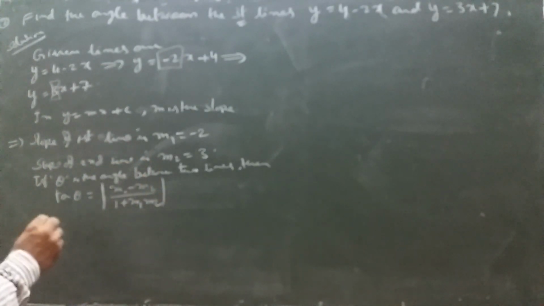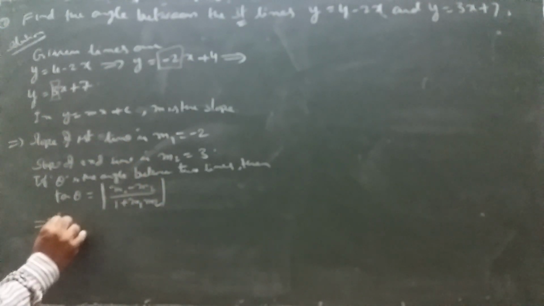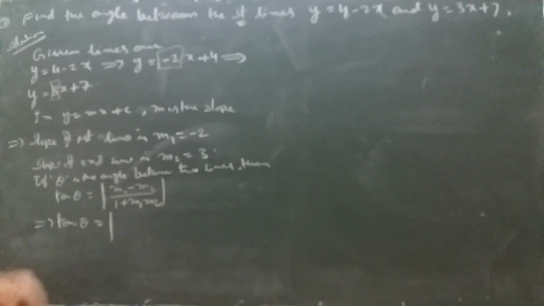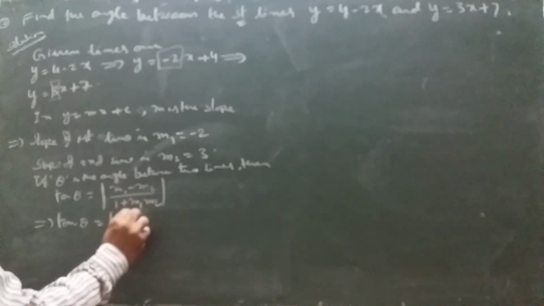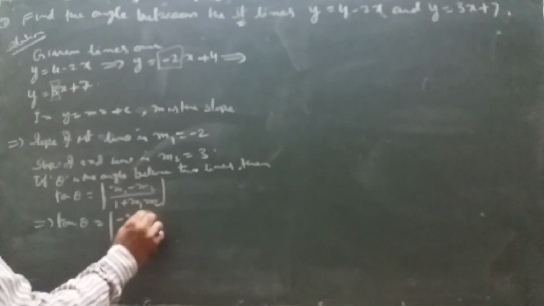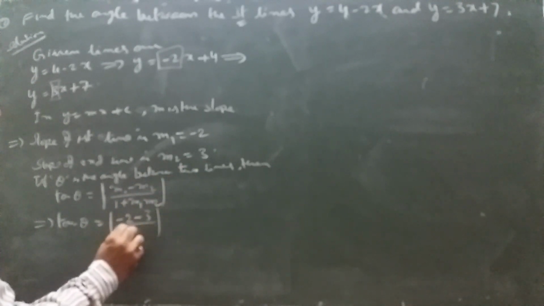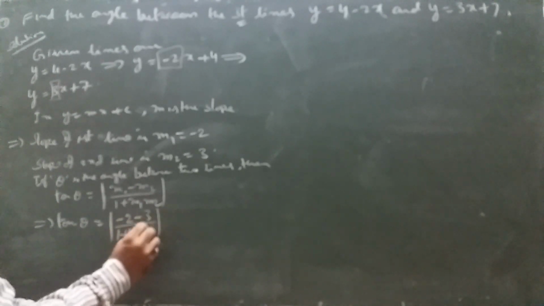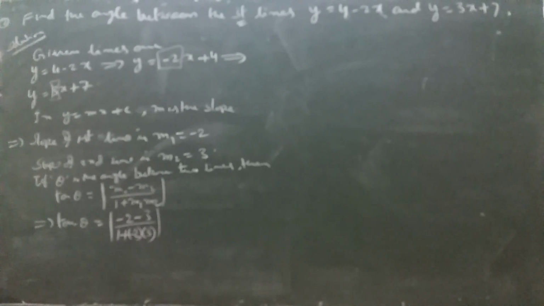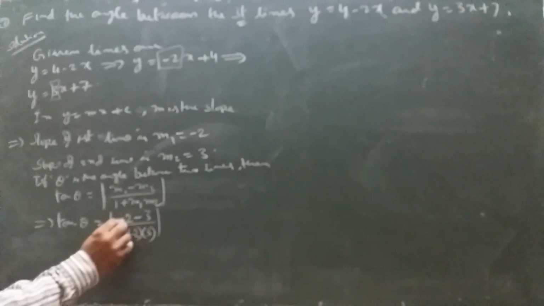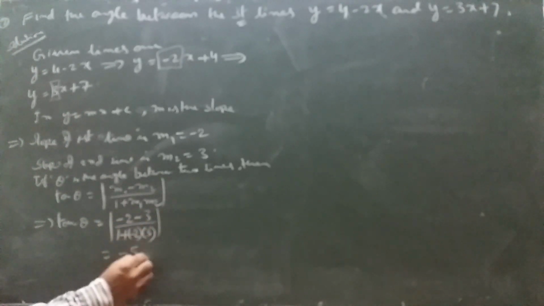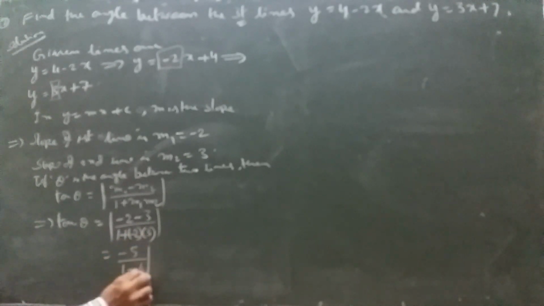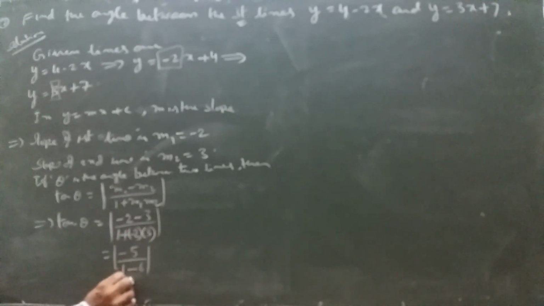That implies tan theta is equal to, substituting the values, m1 is minus 2 minus m2 which is 3, by 1 plus m1 which is minus 2 into m2 which is 3. By simplification, minus 2 minus 3 is minus 5, by 1 minus 2 threes are 6, that is minus 5.